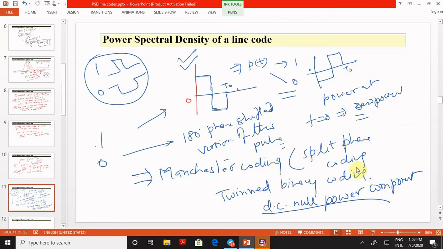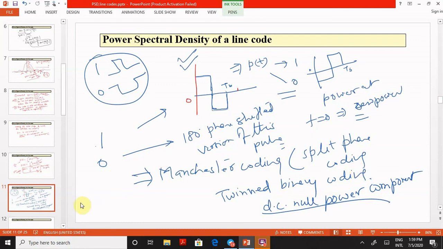So here basically we can say that the Manchester coding is not a new code, it is just a modified version of a general polar line code, in which we are using a specific pulse shape, and that pulse shape is having zero area during the whole time period. This is the point.